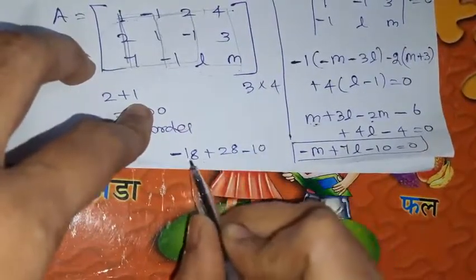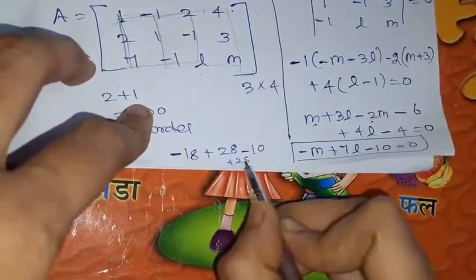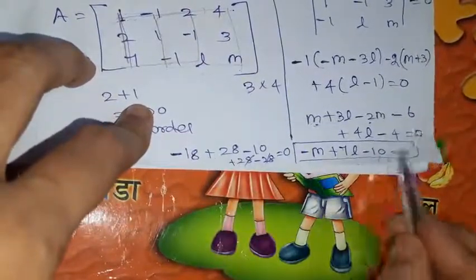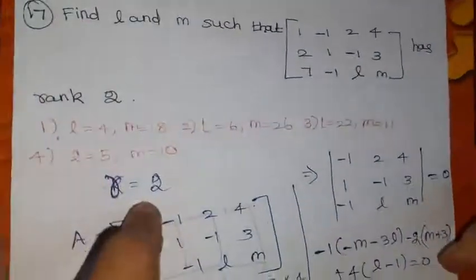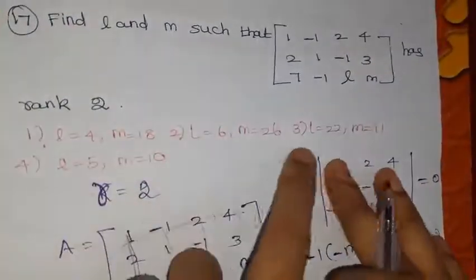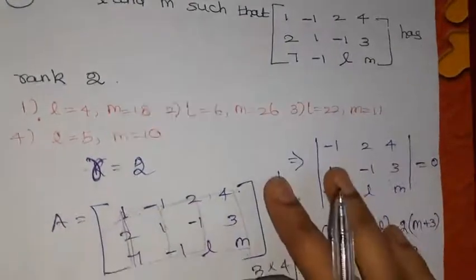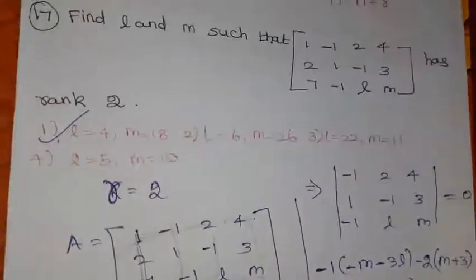Here we get 28 minus 28, and they equal 0. So these values satisfy this equation. You can also check that the rest of the options do not satisfy this equation. So the answer is L equal to 4 and M equal to 18.